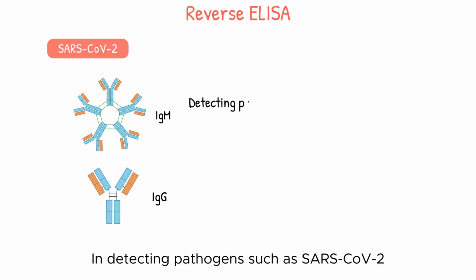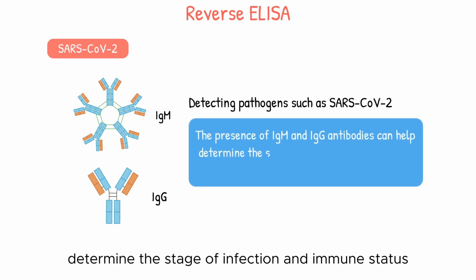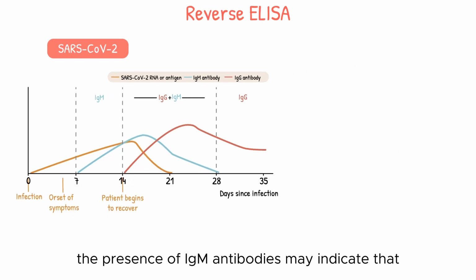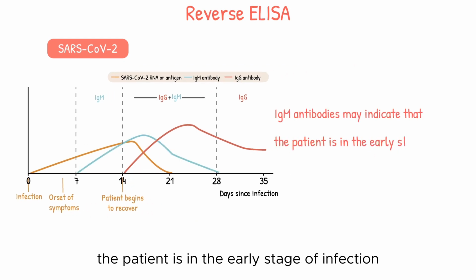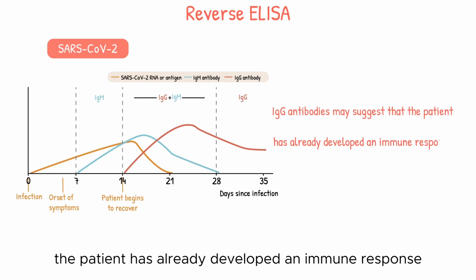In detecting pathogens such as SARS-CoV-2, the presence of IgM and IgG antibodies can help determine the stage of infection and immune status. For example, the presence of IgM antibodies may indicate that the patient is in the early stage of the infection, while the presence of IgG antibodies may suggest that the patient has already developed an immune response to the pathogen.